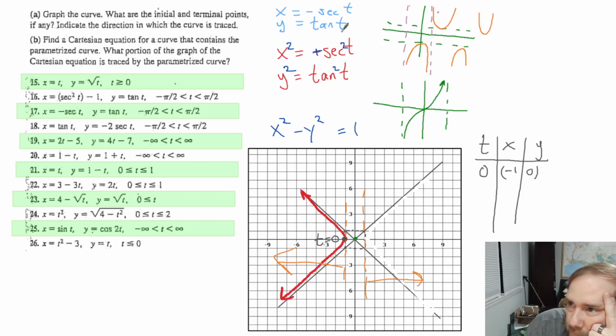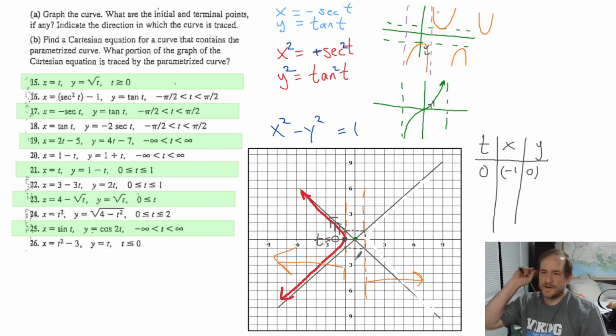But because the x's are defined by negative secant, what does that mean for us? It means the x's start by decreasing, which made sense. We knew that they would decrease. And the y's start by doing what? The y's increase. All right, so the fact that we're negative secant doesn't really change much. The negative secant is what made us get the left-hand side instead of the right-hand side. So we'll start here, and we will still run up the branch at first, not down the branch, up the branch. But there you go.